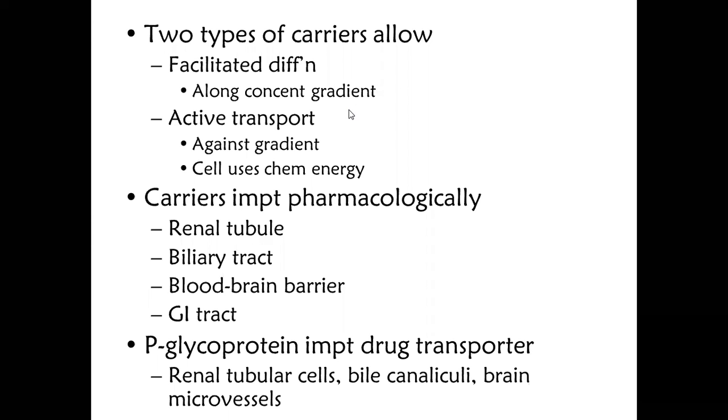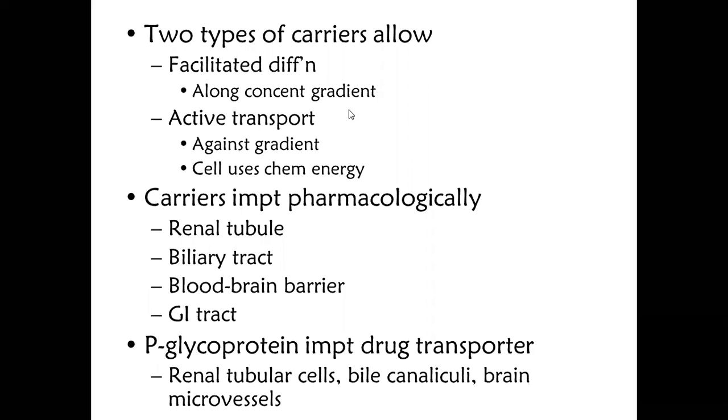The next type is active transport. Active transport is the movement of a molecule across a cell membrane from a region of lower concentration to a region of higher concentration. Here the drug molecule is transported against the concentration gradient.